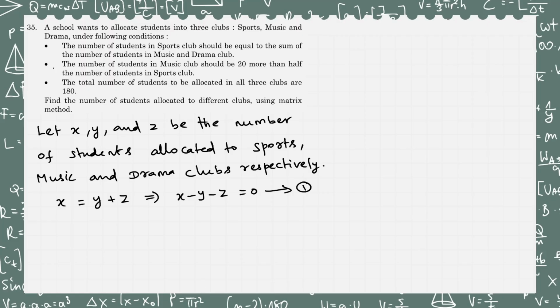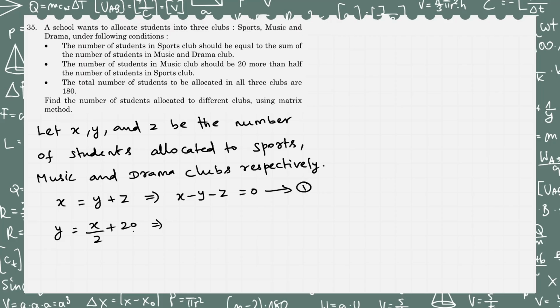Now seeing the second condition, the number of students in music club, I mean y, should be 20 more than half the number of students in sports club, I mean x. Half the number of students in sports club is x by 2, and 20 more than that is x by 2 plus 20. So y should be equal to x by 2 plus 20.